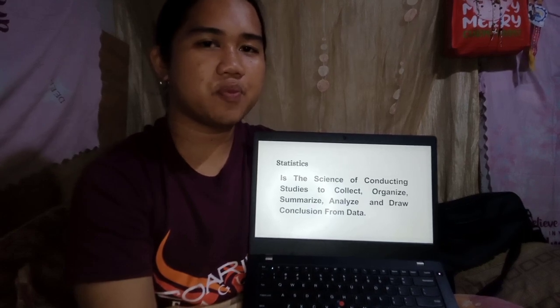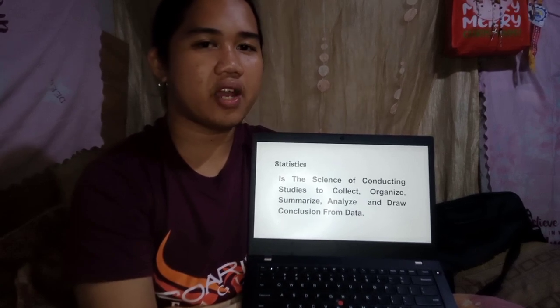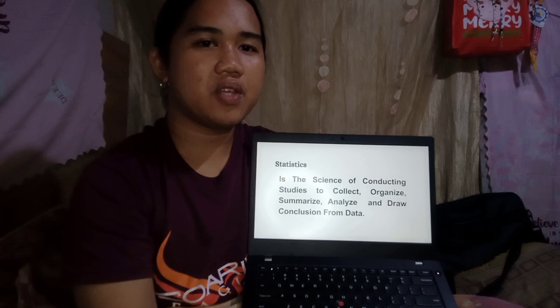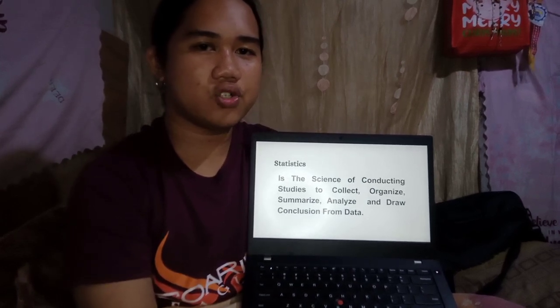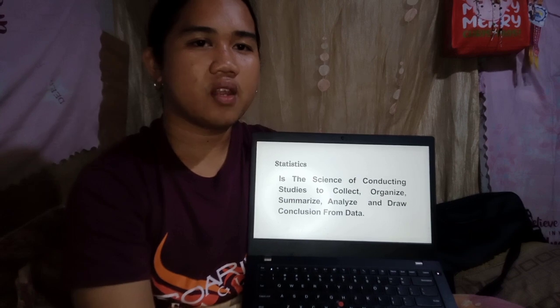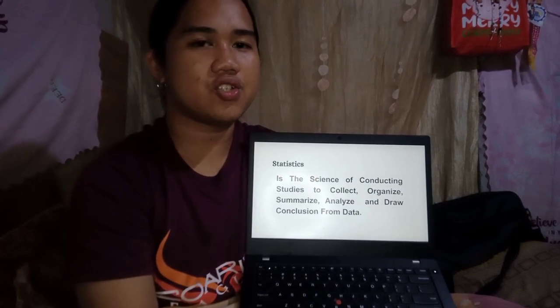And by doing its process, firstly we have to collect our data. In collecting our data, we have to be very careful because if there is something wrong with it, we cannot draw a valid conclusion. After collecting, we will organize it in a useful form for summarization.